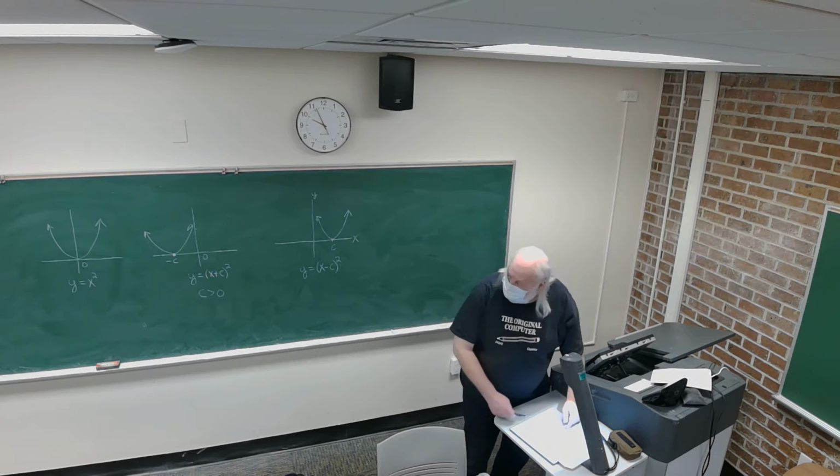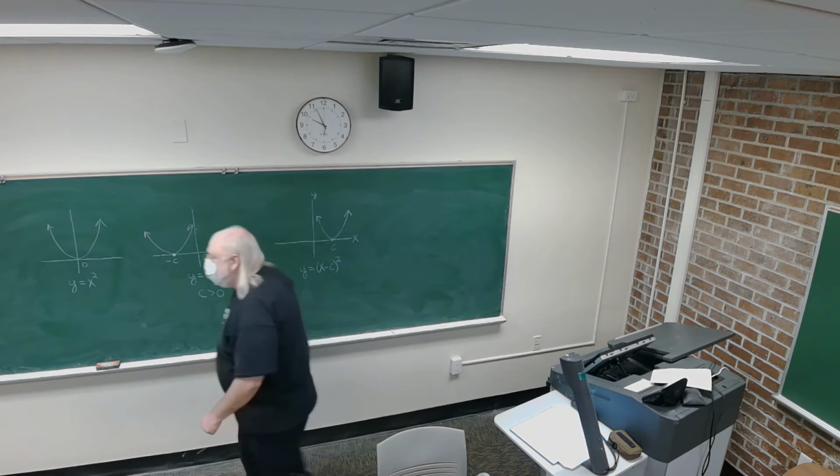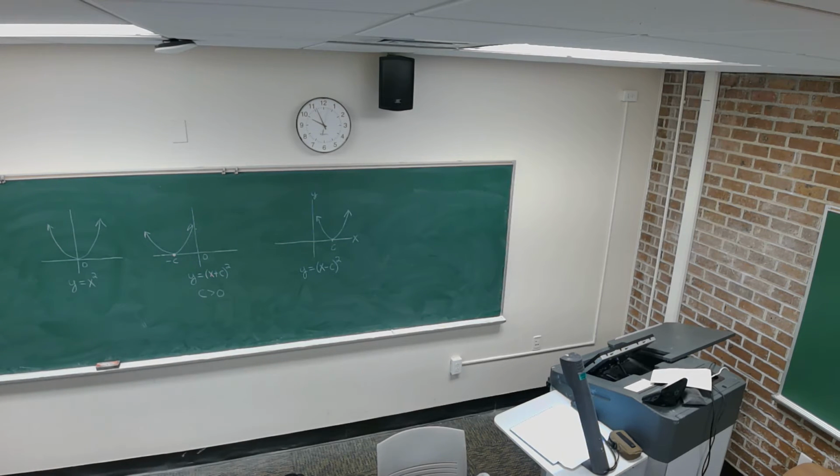So you can think of it as the top half and the bottom half flipping over, using the x-intercepts on the x-axis as pivot points. So the x-intercepts don't go anywhere.